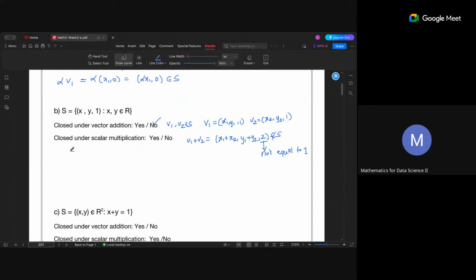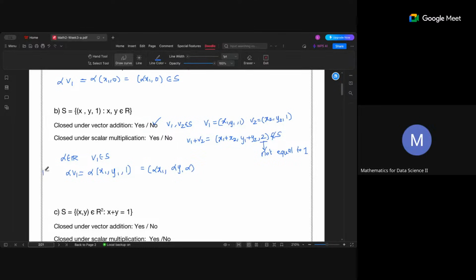So now let's look at the closed under scalar multiplication property. For that, let's take an alpha in R and look at V1 in S. What happens to alpha times V1? Alpha times x1, y1, comma 1 becomes alpha x1, alpha y1, and alpha.